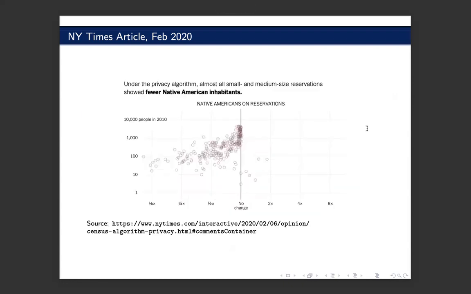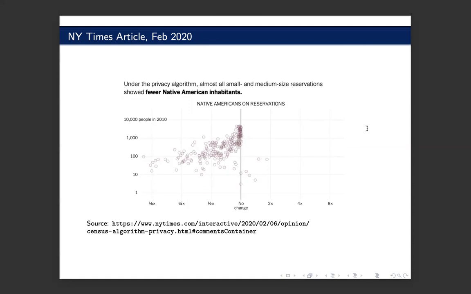The other thing reported is that when they applied the Laplace noise, small and medium-sized reservations of Native Americans were underreported. This is huge because they need funding to survive. They are almost entirely relying on federal and state funding.